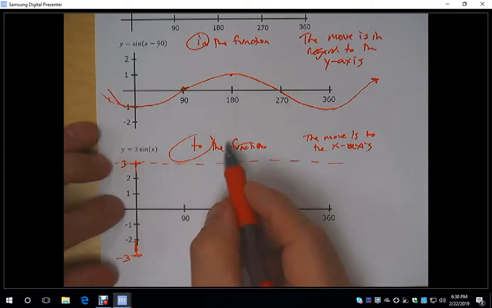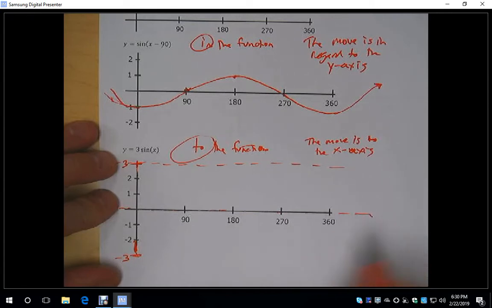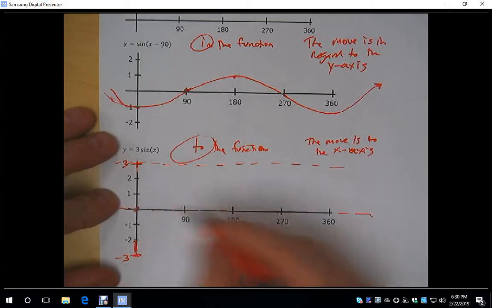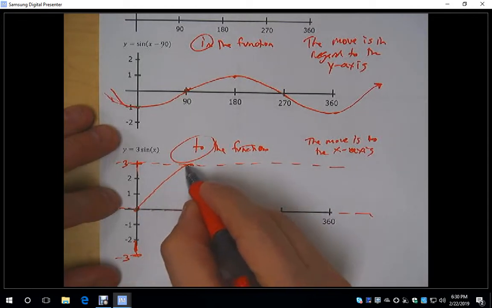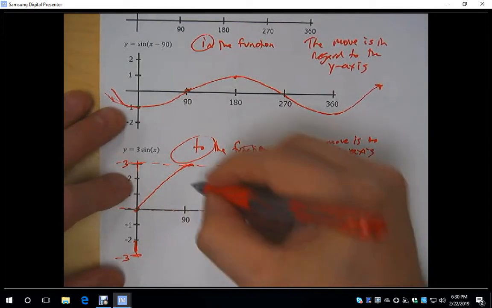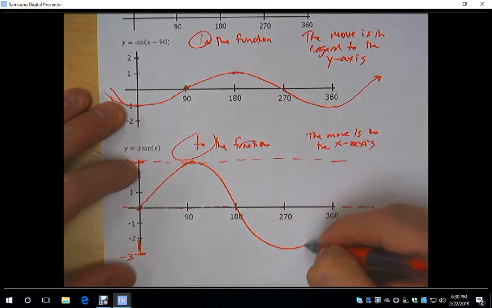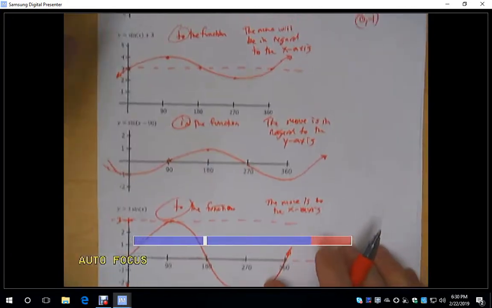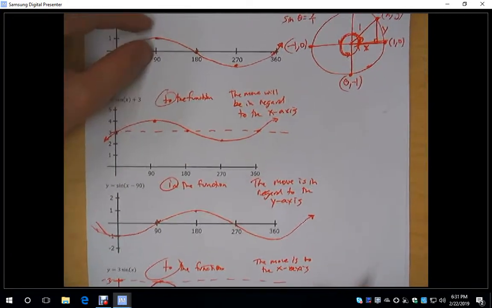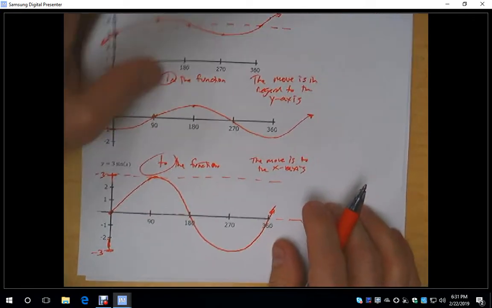We measure the height of a wave from the principal axis, and the principal axis in this case is the x-axis. We still hit our maximum and minimum points at the same degrees, so that should look something like this. It's very similar to our first graph that we did here, except the amplitude is now 3 units instead of 1 unit.